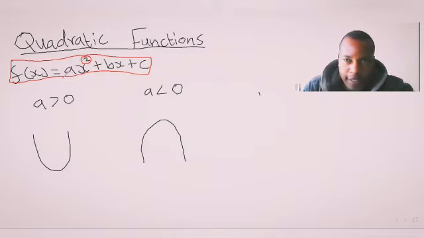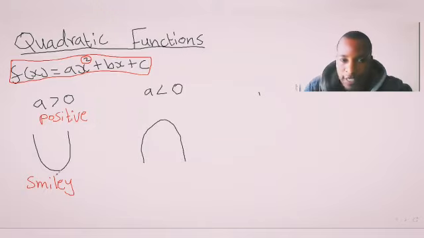Now, if a, the coefficient of x squared, is greater than 0, so a positive a, you get a smiley face, or concave up. If a is less than 0, so a negative a, then you get a sad face, which is concave down.